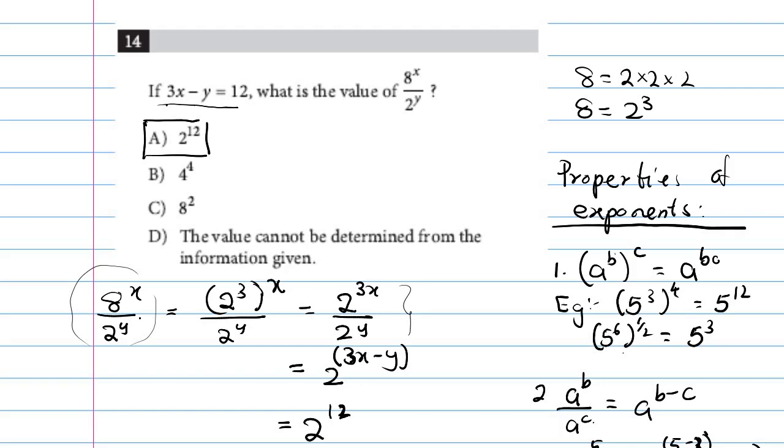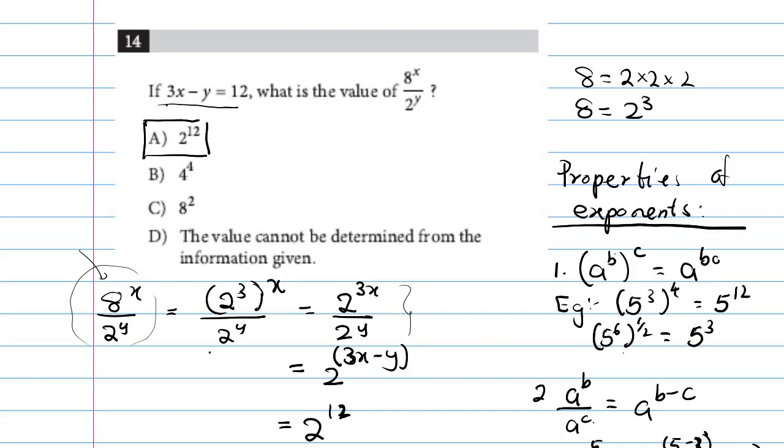As soon as you see this, it comes to your mind that there's something to do with exponents. But we can't actually do anything if the two numbers are different, 8 and 2. So we need to somehow convert 8 into a 2. How do we do that? 2 to the 3, right? That's what you do, and then the rest follows from the properties of exponents.